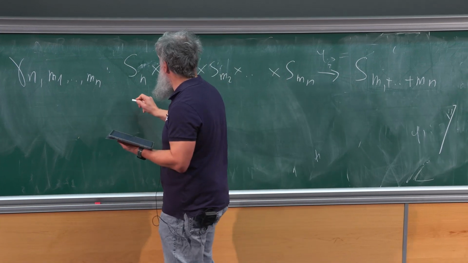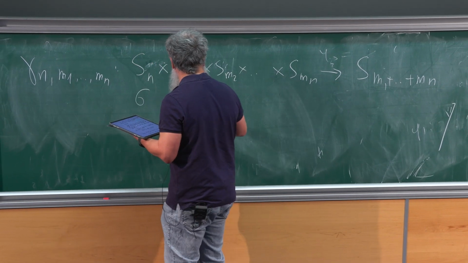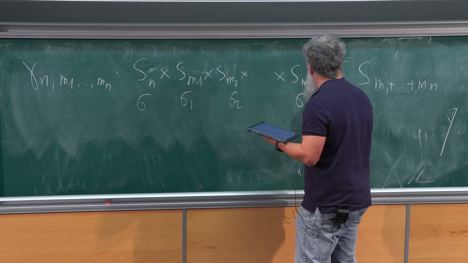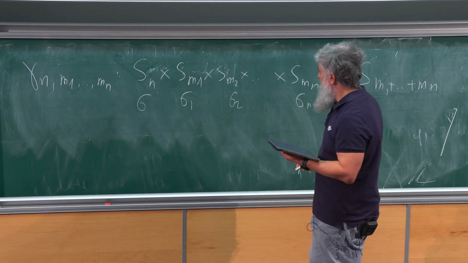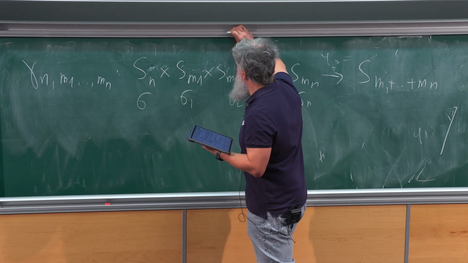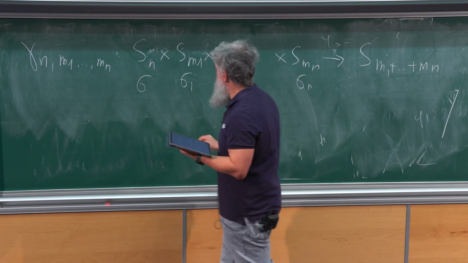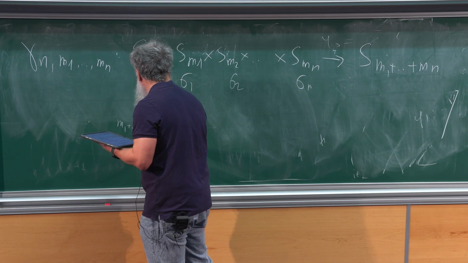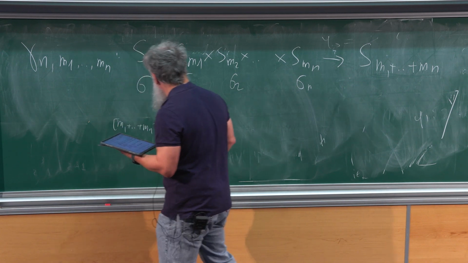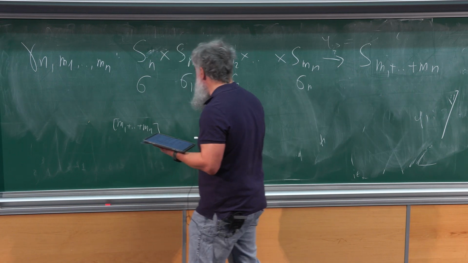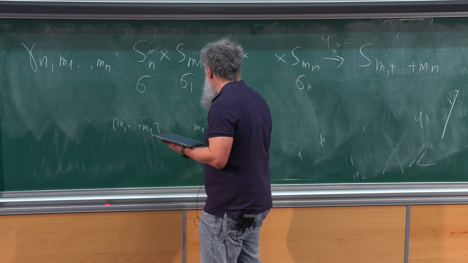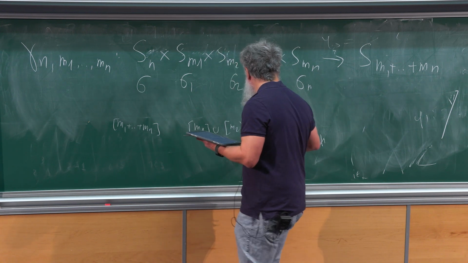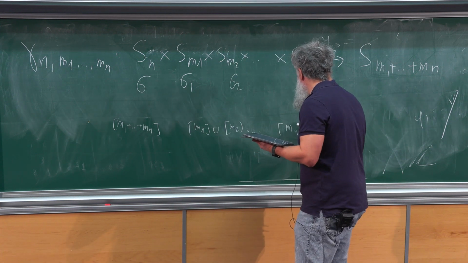And so we have a permutation sigma here, sigma 1 here, sigma 2 here, sigma n here. And then we do the following. We just take the set of size m1 plus through mn, and split it in blocks of size m1, m2, through mn.